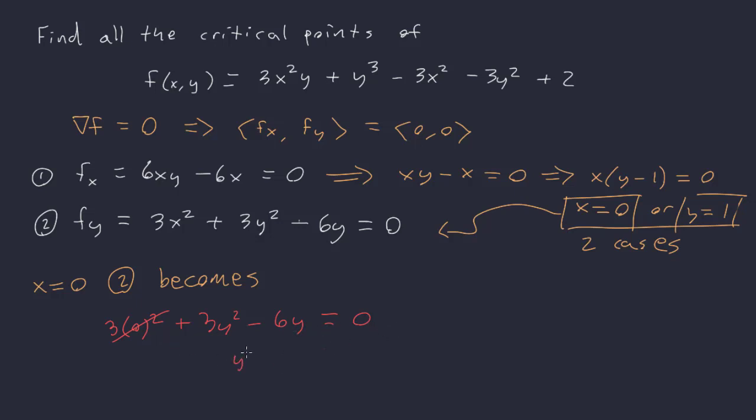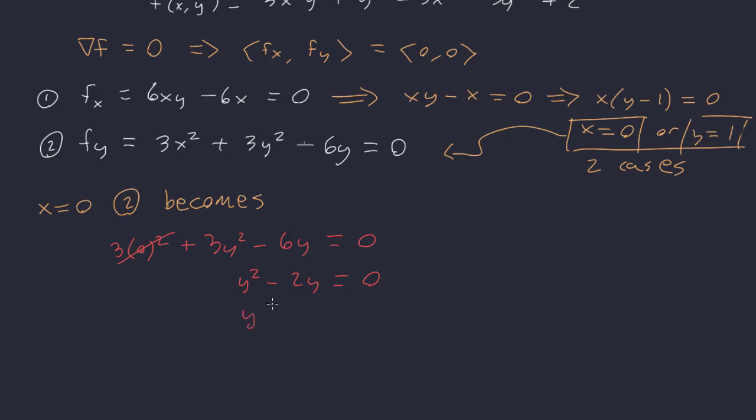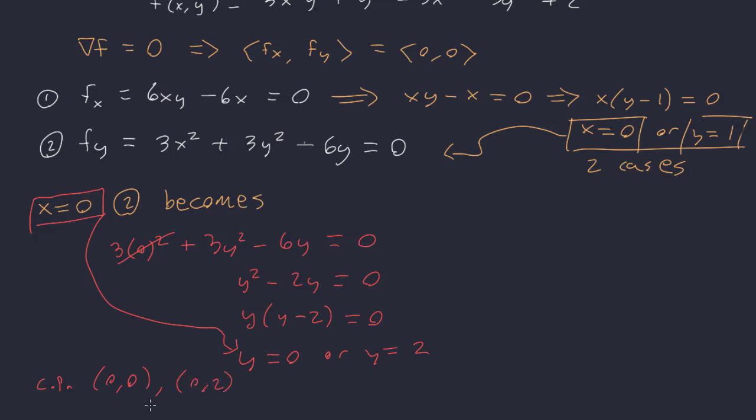I'll divide by 3 to get y squared minus 2y is equal to 0. Then we factor out a y. So y is equal to 0, or y is equal to 2. So the x equals 0 case gave us y equals 0 or y equals 2. So our critical points in this case are 0, 0 and 0, 2. We got both of these points from here.